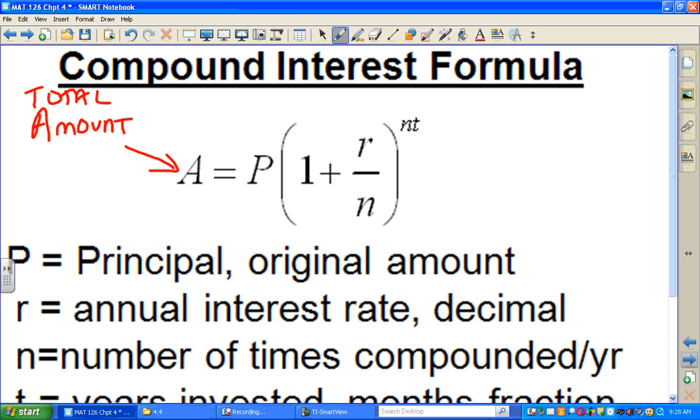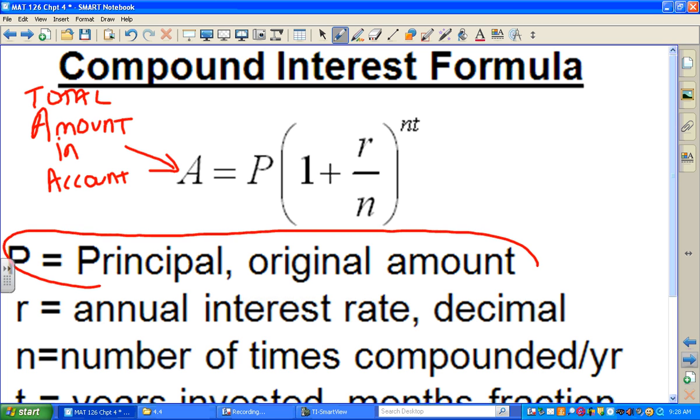The total amount in your account. P stands for what? The principal. The original amount you started with in your account. You go to the bank, you put in $100, the principal is $100.